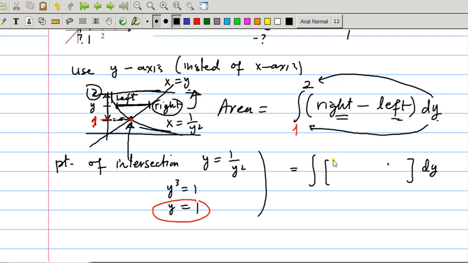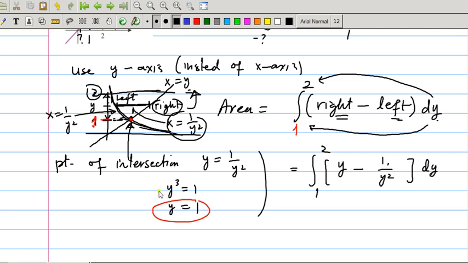So this is my area. When we have x as our integration variable, we write top minus bottom, right? When we have y, we write right minus left.